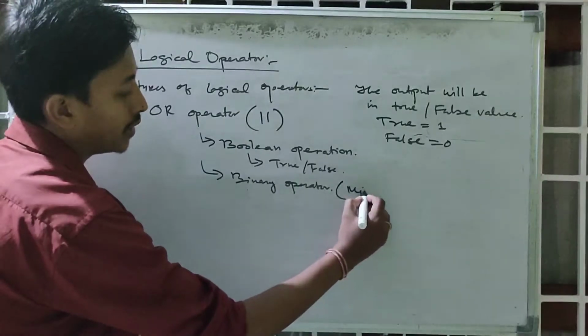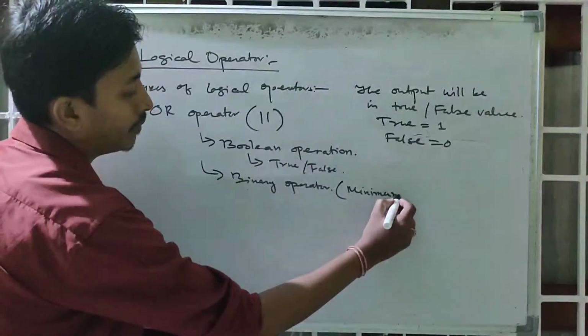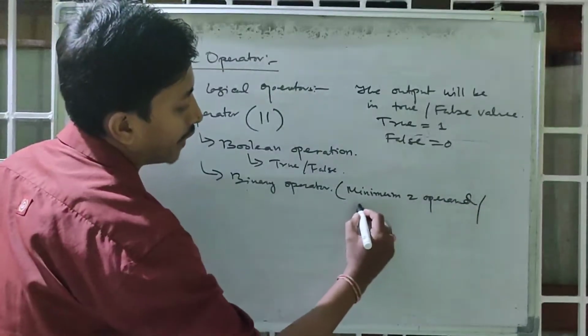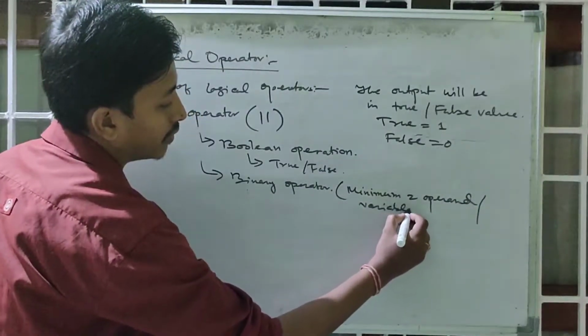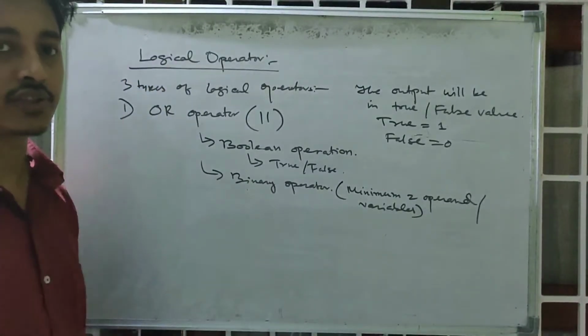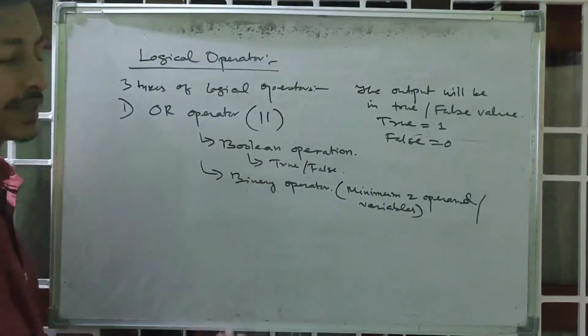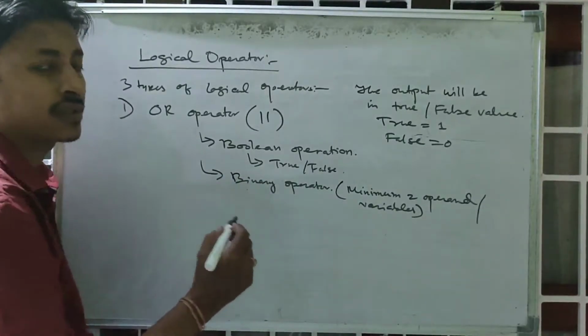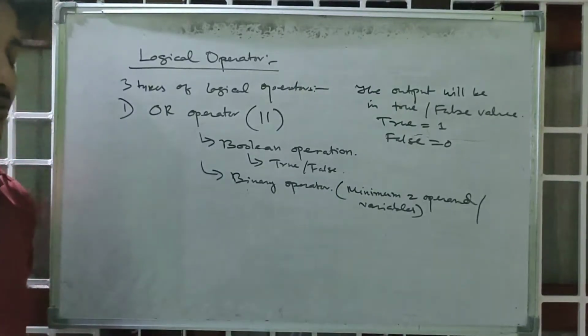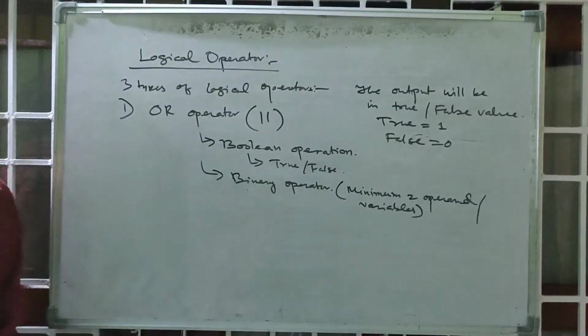Operand means variables. It requires a minimum of two operands for calculations. And you know that binary means two. Binary base is 2, 0 and 1. That's why it is called a binary operator.